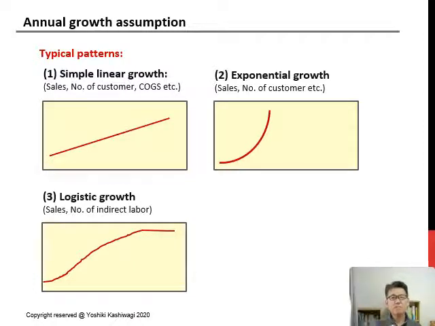Sometimes you'll be in a stable stage. So if you reflect this growth in your business model, yes, you should change the annual growth. You should limit your growth ratio at a certain time. You can manually change this assumption later on, but let's stick to the simple one for your initial business model.